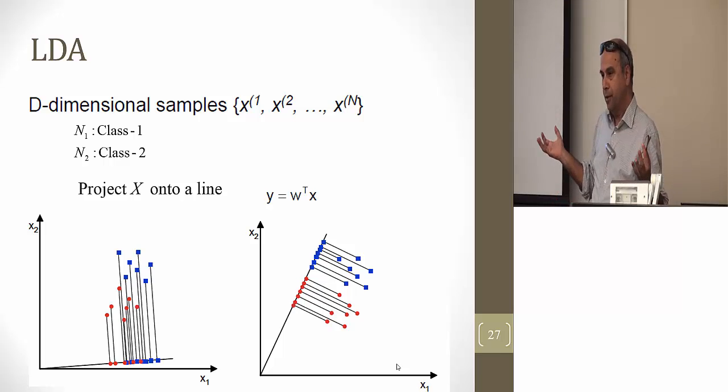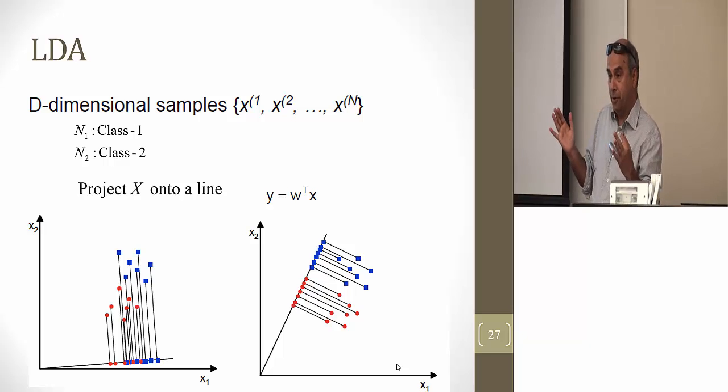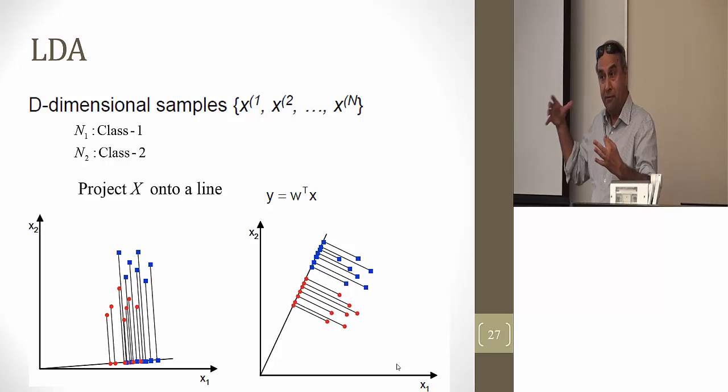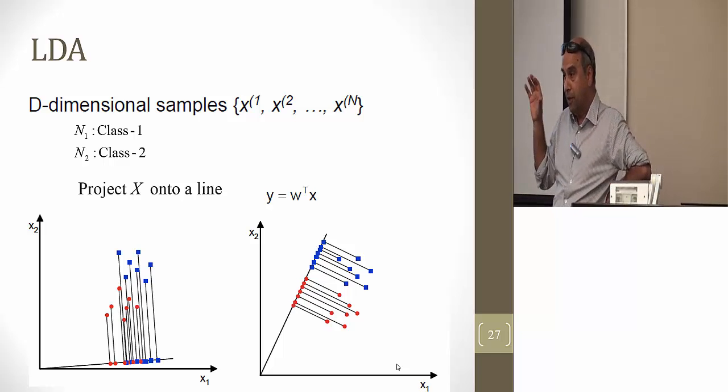We are just looking at individual samples, and we want to find which samples matter. Those are the support vectors. So it's a very different way to do that. Here we are using all the information, because we look at the covariance matrices, within class and between classes.